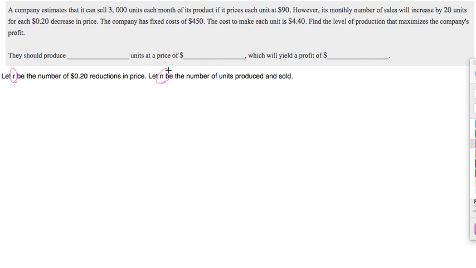We should produce this many units, so that would be N, at a price of, we'll call that price lowercase p, and then we'll find the profit. Generally, profit we write as capital P, revenue minus the cost.